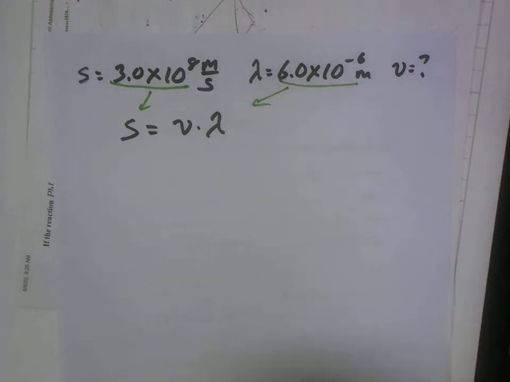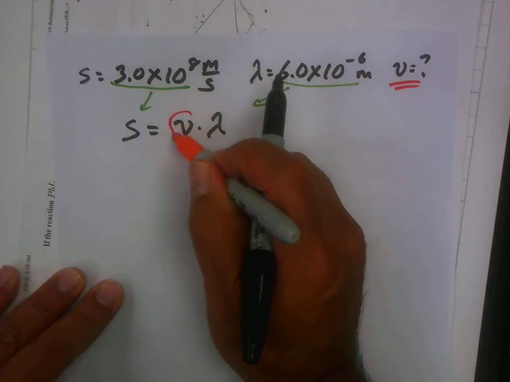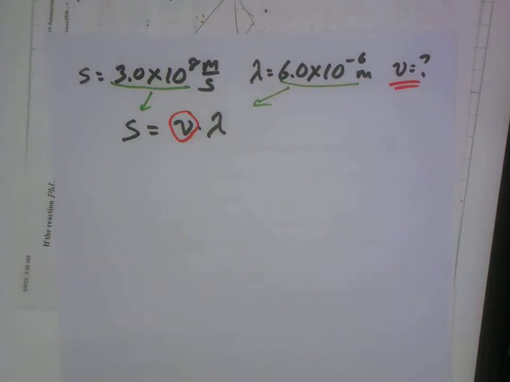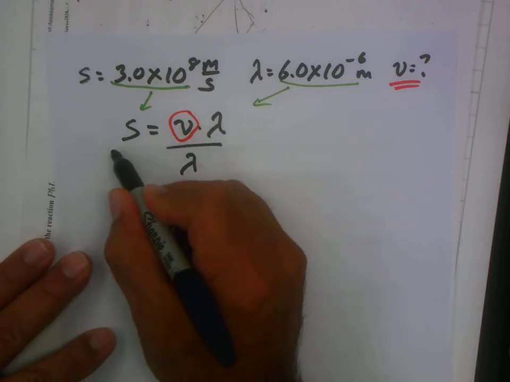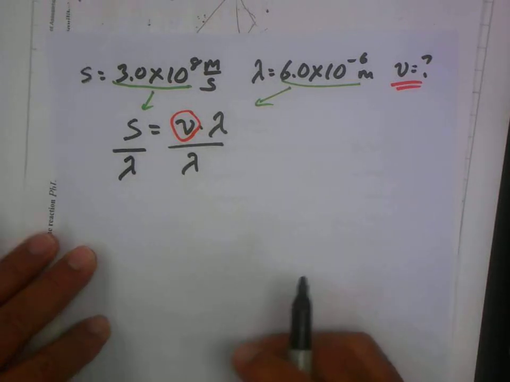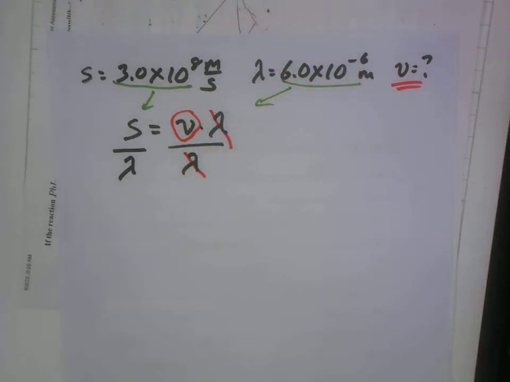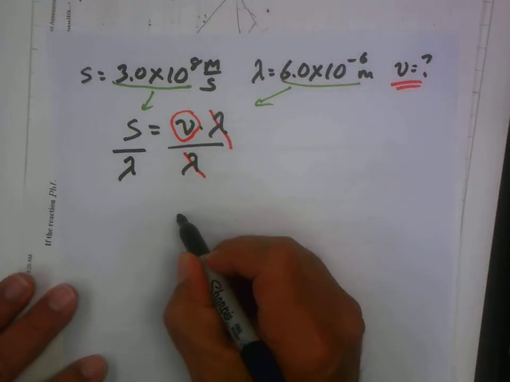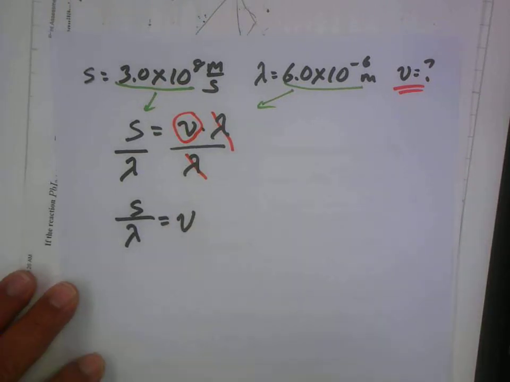So what I'm going to do is move the letters first. We are looking for frequency, so I want to get my frequency by itself, which means I need to divide both sides by wavelength. Now the wavelengths, the lambdas, cancel on the right, leaving me with an equation that the frequency is equal to the speed over the wavelength.